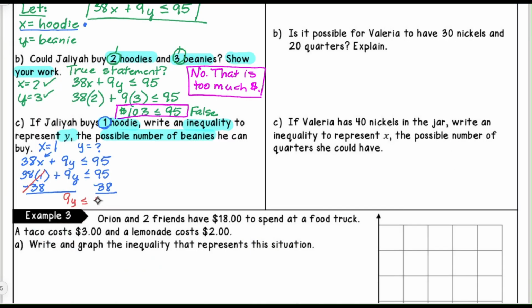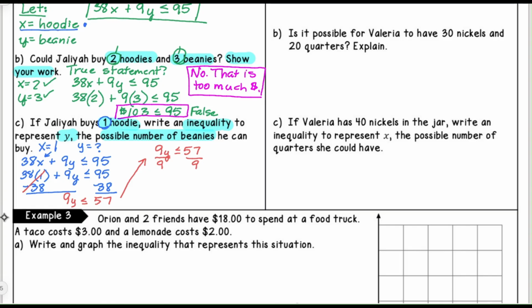So that's 57. Now, if you know your multiplication facts pretty well, you recognize that 9 is not going to divide evenly into 57. Okay, so we're going to end up with a decimal here, and that's fine in this context.